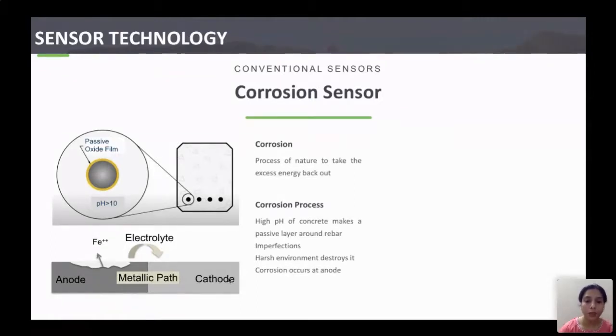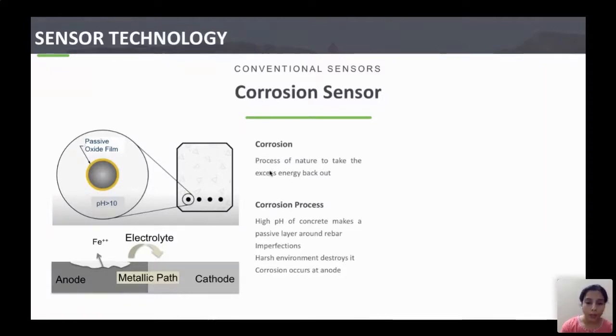During that process, a huge amount of energy is infused in these metals. Corrosion is nothing but taking that energy out from these metals so that they can attain their stable state and come back to their natural state. So corrosion is nothing but taking that energy out from the metal.